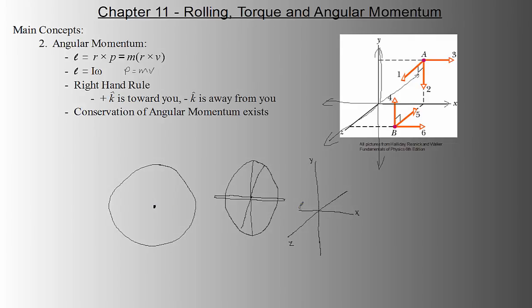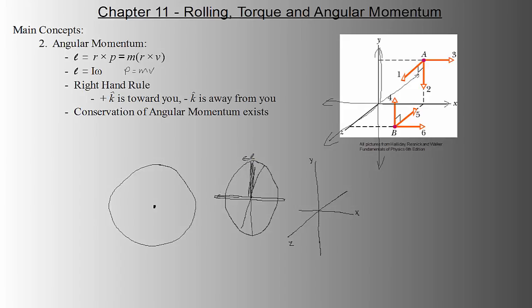Anyway, long story short, the angular momentum points along the x-axis because, according to the right-hand rule, you have the radius, which is like the spokes, and you have velocity, which is tangent to the tire, depending on which way it's rotating.